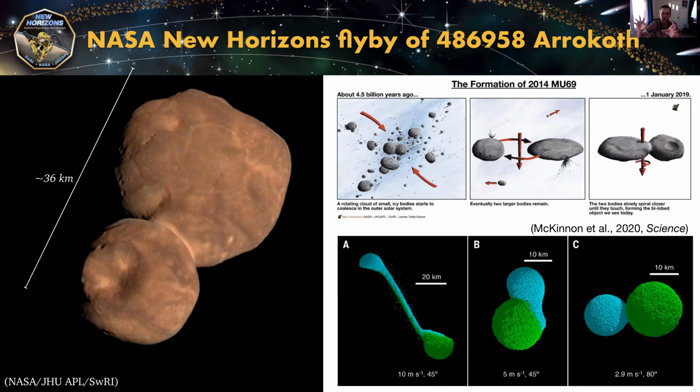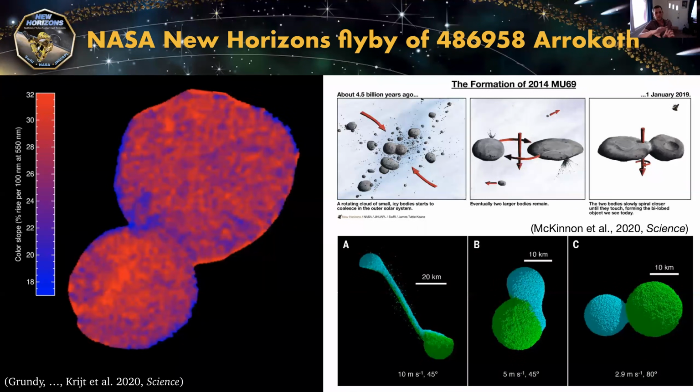So these two lobes probably were in orbit around each other when they formed. Also, the color is very smooth across both surfaces, so it's consistent with the two lobes forming from the same pebble clouds.